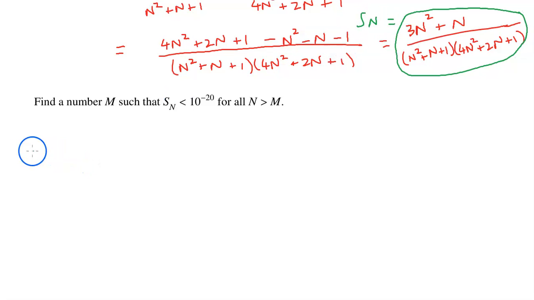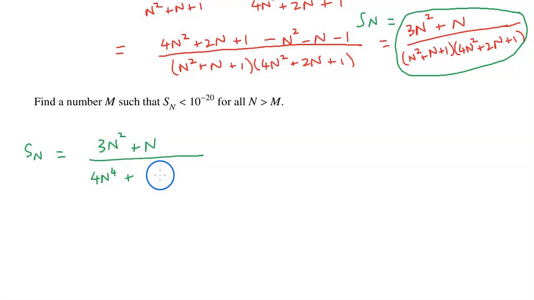And we can see that Sn is equal to 3n squared plus n divided by, and then on the bottom we got 4n to the power of 4 plus 6n cubed plus a bunch of random other terms, and we can see that this is going to be less than 3n squared plus n, just divided by 4n to the 4, since we're dividing by a smaller number here.